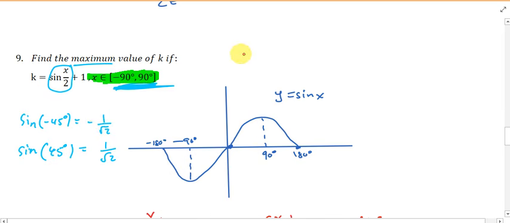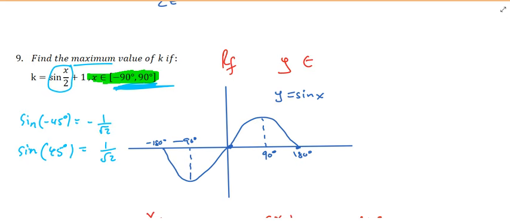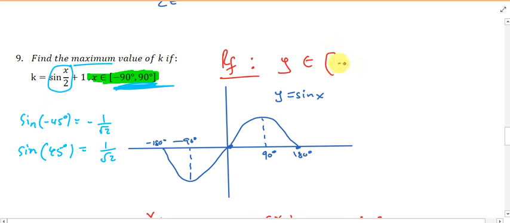Therefore the range for this entire thing, the range for f, is y is an element from minus 1 over root 2 plus 1 to 1 over root 2 plus 1.